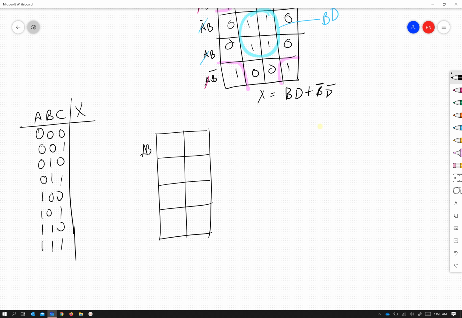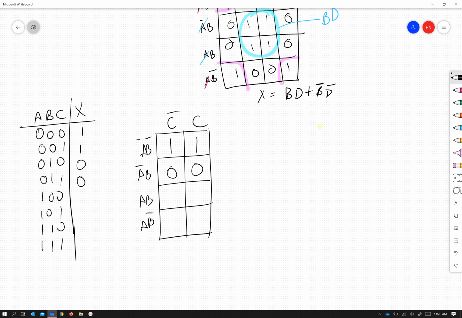So AB, the first three and the last one. Okay, so let's say we have a situation where we have these two are 1, which would translate to this. Let's say this situation right here was 0. This situation was also 0, so those are both zeros.